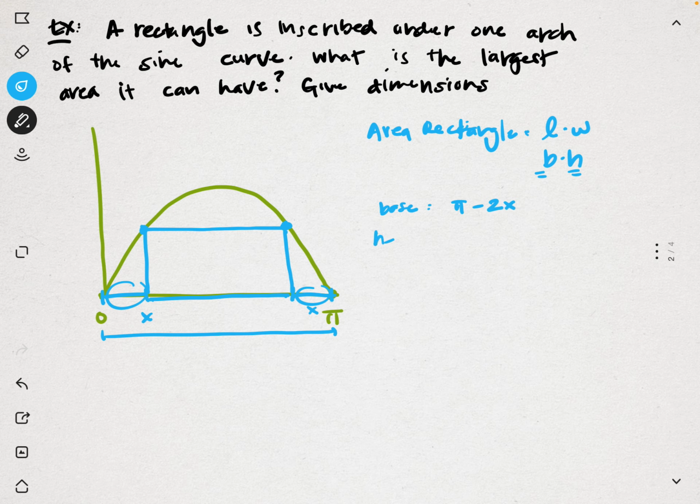Our height is just going to be the height of our sine curve, so sine x. So we're going to multiply these two together to get our area formula, and we're going to try to maximize this. So let's go ahead and do the derivative and figure out where this is equal to 0.